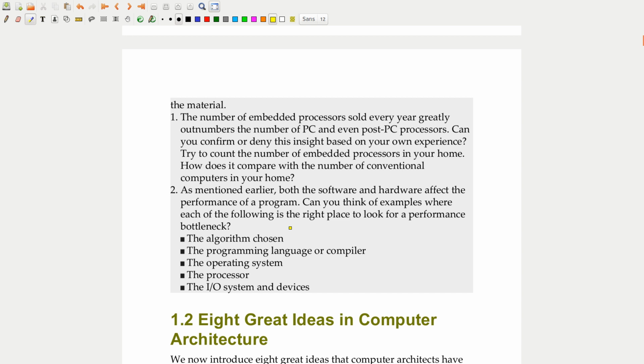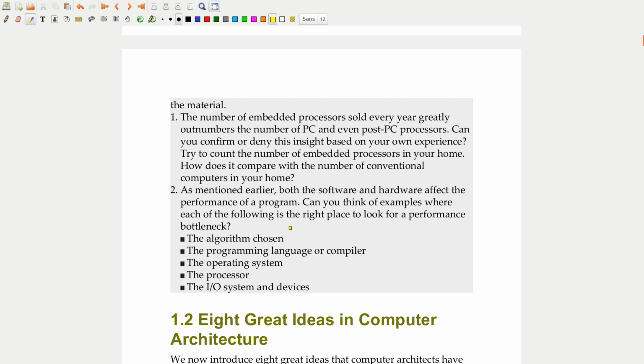Every algorithm has a different cost related to it, and they have different orders of performance. One of the easiest ways to think about this, time complexity is a great way to think about the algorithm chosen.